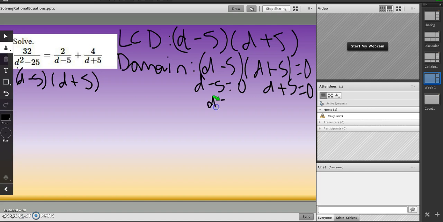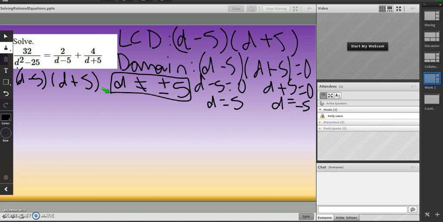So when I add 5 on both sides, I'm going to get 5. And when I subtract 5 on both sides, I get negative 5. So for our domain, d cannot equal plus 5, and it cannot equal negative 5. So that's our domain. d cannot equal plus 5 or minus 5.